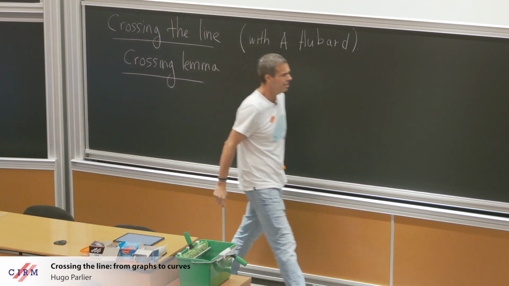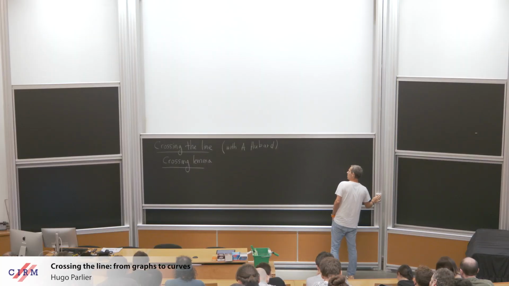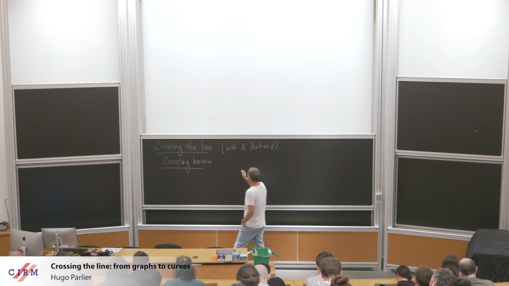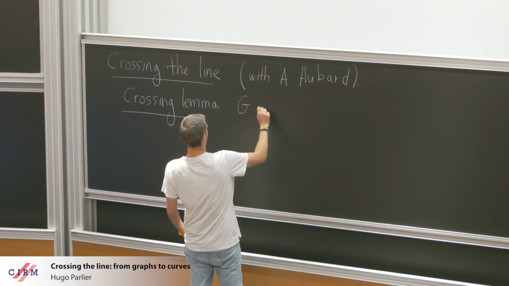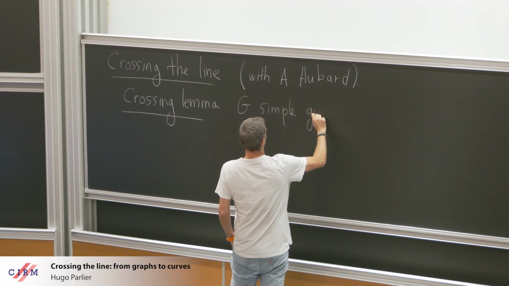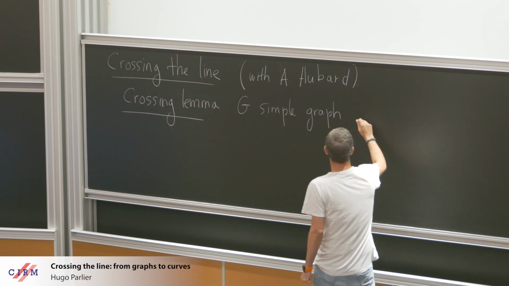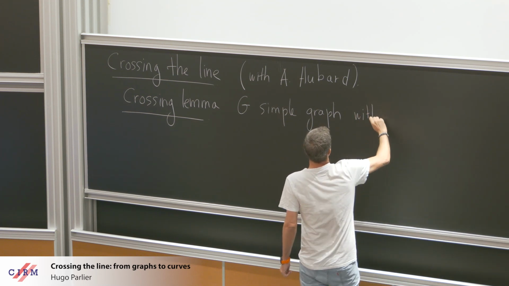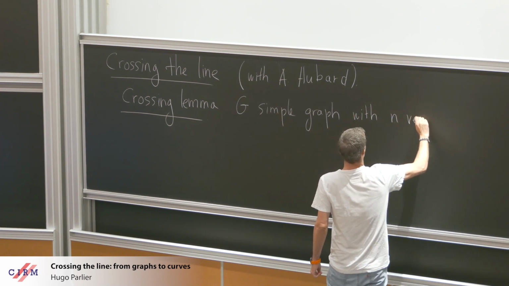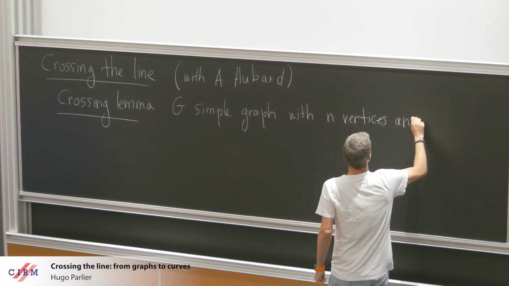Okay, and the crossing lemma is a lemma for simple graphs, and you assume that your simple graph has n vertices and m edges.